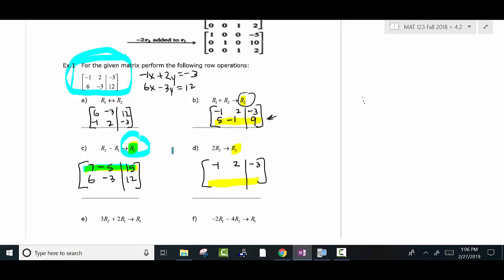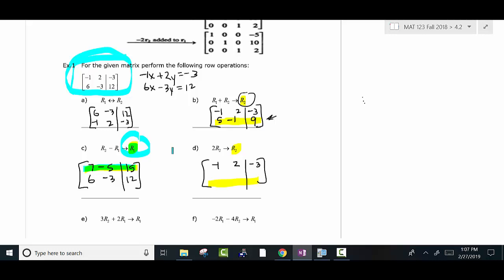I'm not going to do anything at all. I'm just going to do 2 times row 2 and put it there. That's what that means, and you can do this in your head. If you do 2 times row 2, what are you going to have? 12, -6, 24, right? Then you're going to put it there. But row 1's not going to change because of that.